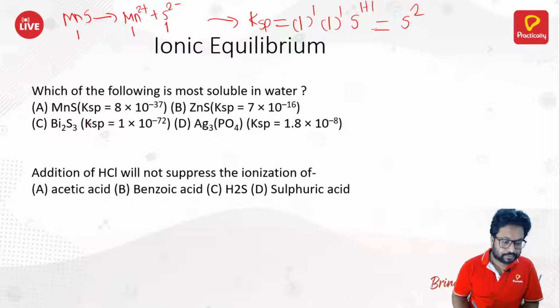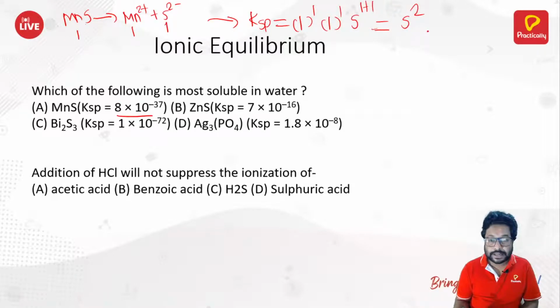The compound having the highest value of S would be most soluble in water here. So S squared is 8 into 10 raised to minus 37. If you take the square root, S will become somewhere around 10 raised to minus 18.